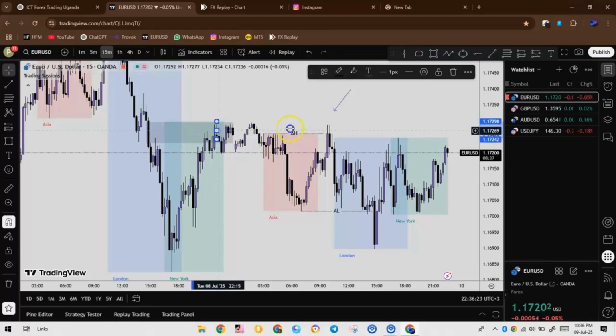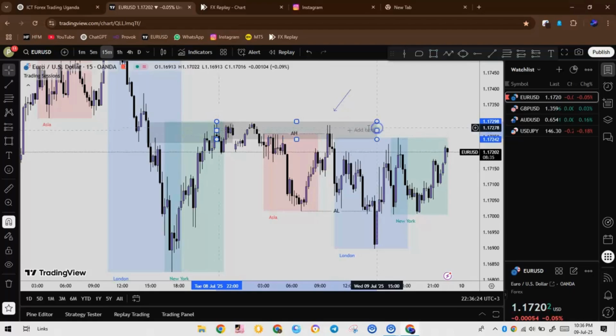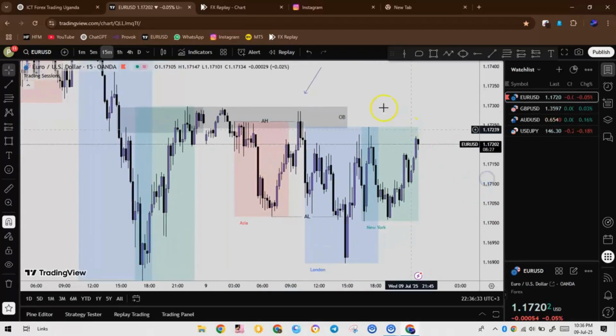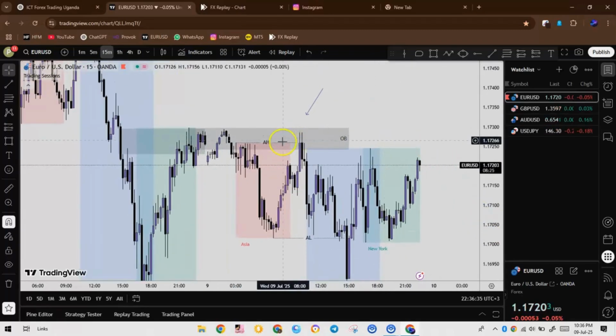So now this is a supply zone we had right here, or we can just call it an order block. When price came to mitigate this order block, it also swept the Asian high liquidity.